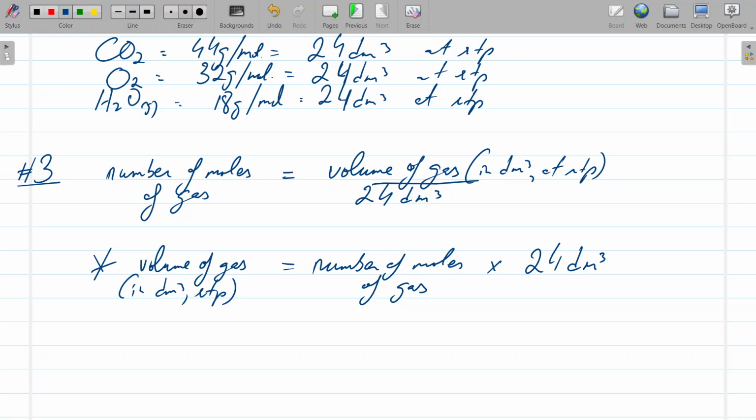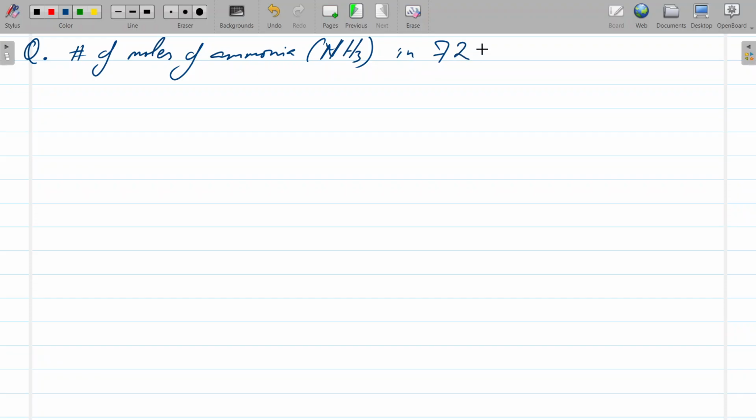Yeah. And so that brings us to a question. And that question is, find the number of moles of ammonia, that's a gas which has the formula NH3, in 72 dm cube at RTP.